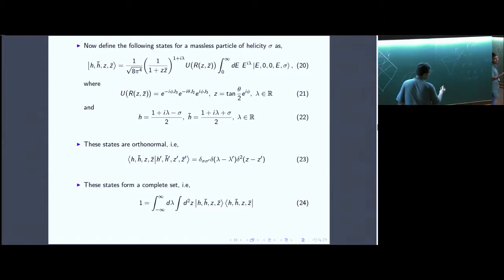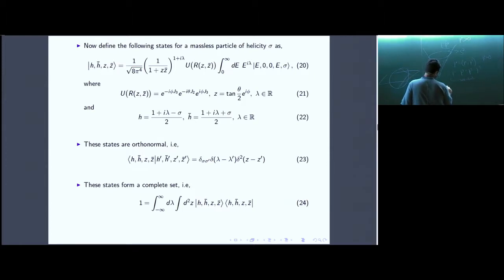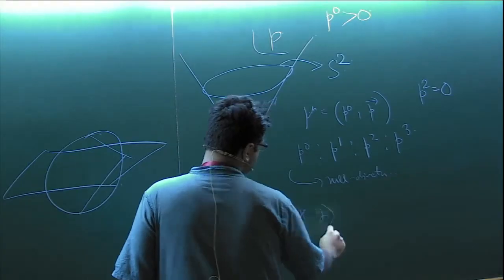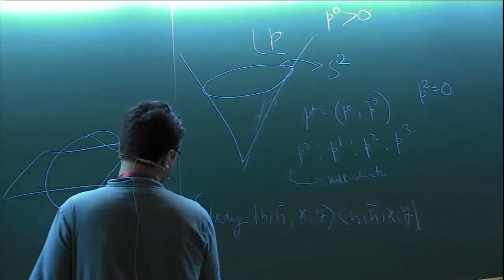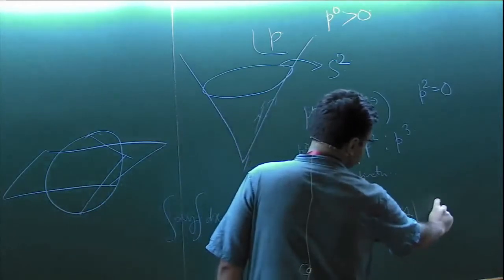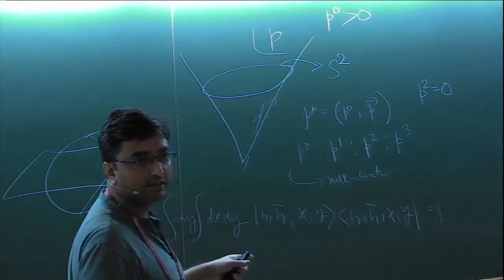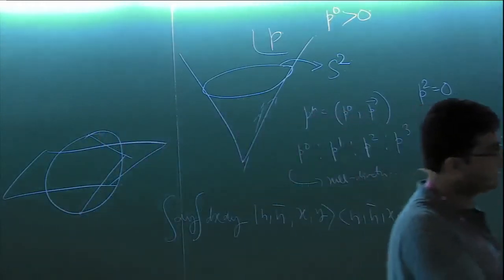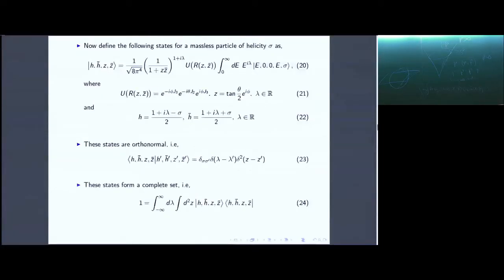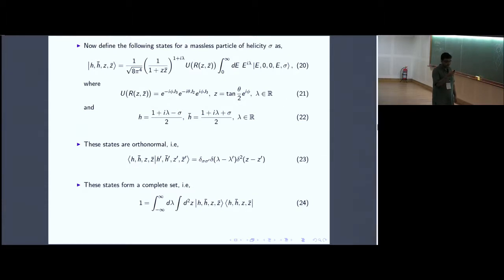You could just write it as dx dy, where x, y are just two real numbers, and then you have this d lambda, which is 1. Is that fine? As Rajesh mentioned, coherent states do not form an orthogonal set, so it is not a coherent state. These states are orthogonal.